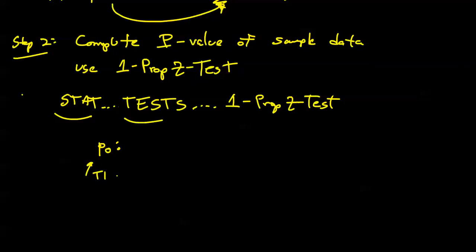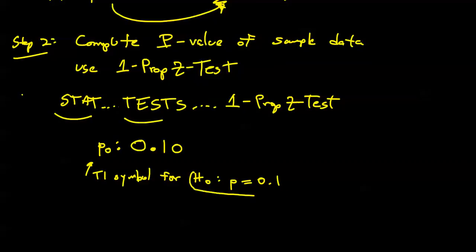This is the TI symbol for, in this example, the null hypothesis that P equals 0.1. So what I'm going to enter in here is P sub 0 colon 0.1 or 0.10. Again, that's the TI lingo for the null hypothesis. It's kind of shorthand for that null hypothesis.